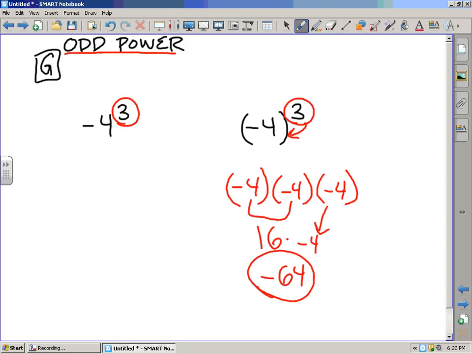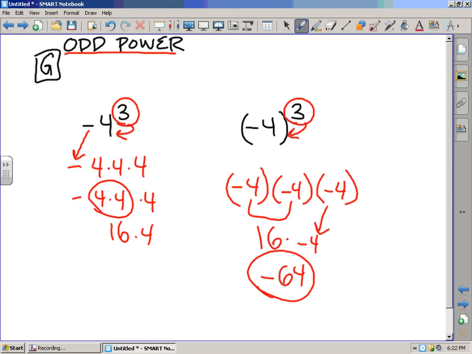In this left example, the 3 only goes to the 4, so the 4 is copied 3 times. The negative symbol is simply carried downwards. 4 times 4 gives us the 16, and then when we multiply that by 4, we get negative 64. Again, same answer.